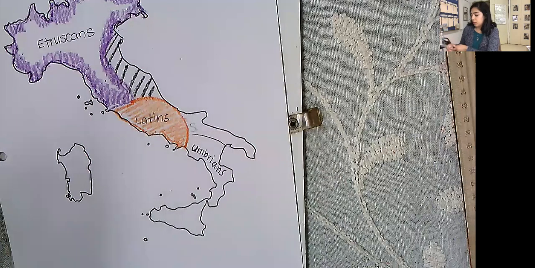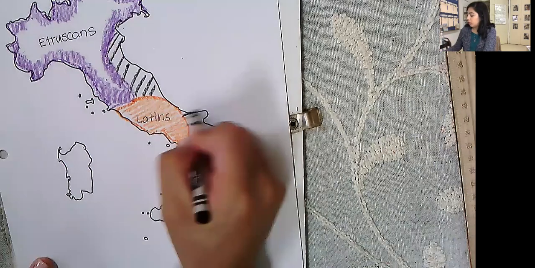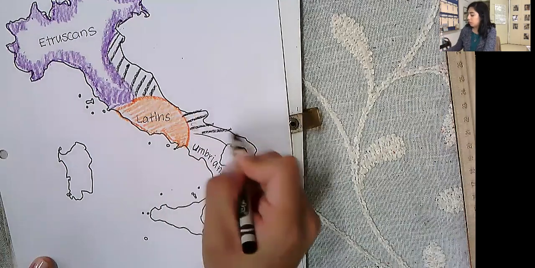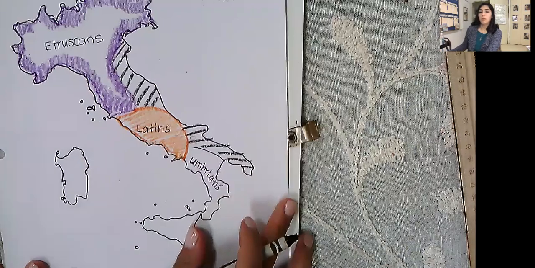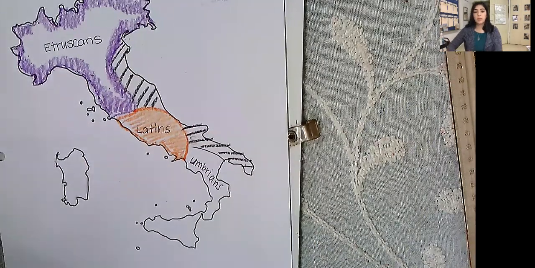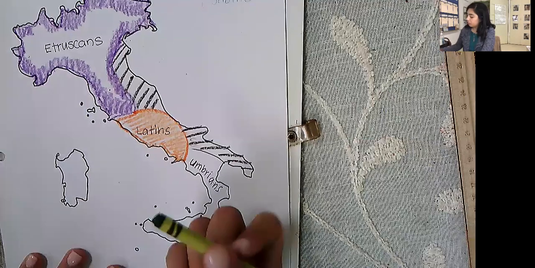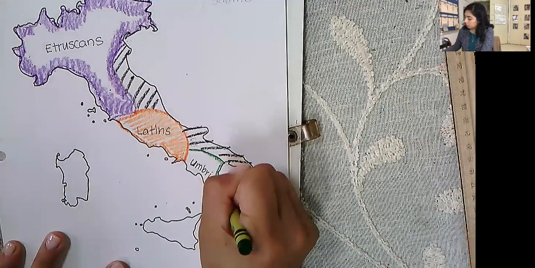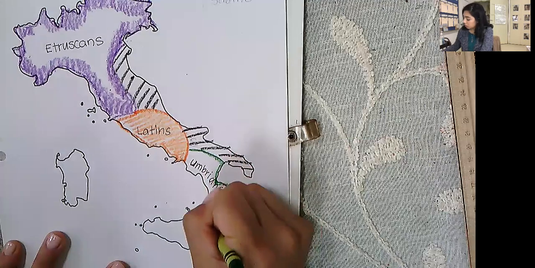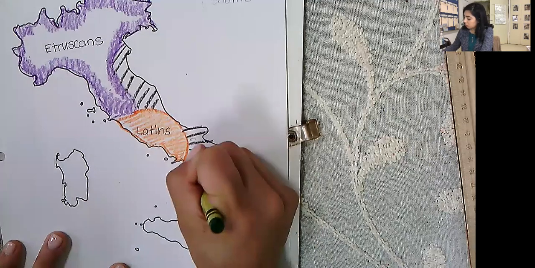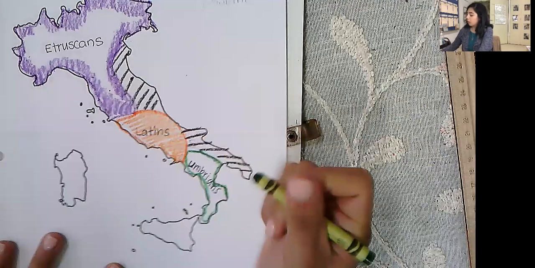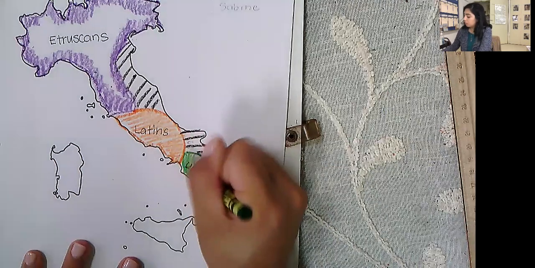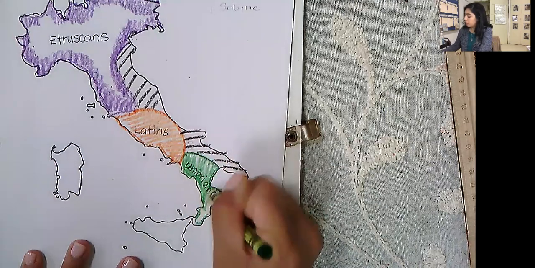Okay. And this part right here, again, it'll just be marked off. And that's okay. And the Umbrians, I'm going to color them green. Okay. These are the Umbrians.